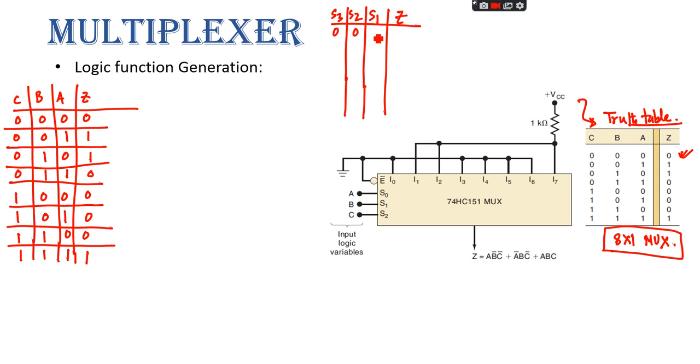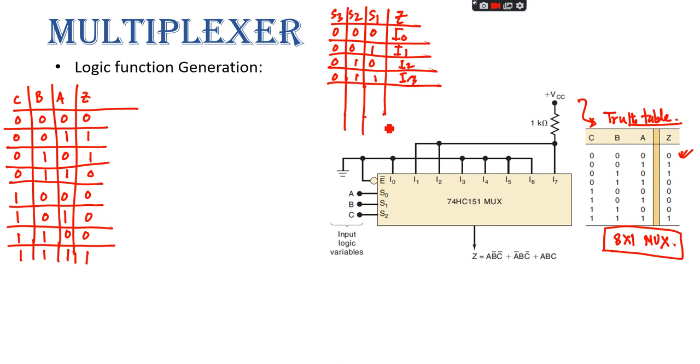So we know 0 0 0, when we put that, the output should be I0. Then if we say 0 0 1, then output should be I1. Then if it is 0 1 0, the output should be I2. Then 0 1 1, the output should be I3.